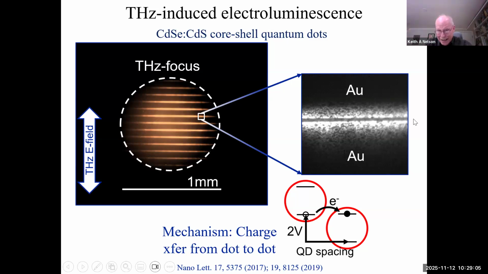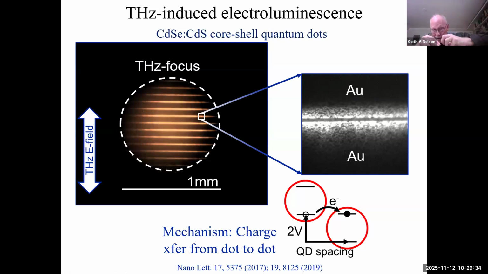There's a strong enhancement of the terahertz field strength. And what's happening is the terahertz field is coming in, and it's just inducing charge transfer from one quantum dot to a neighbor, and then there's radiative recombination. That's all it is. So it's basically a kind of electroluminescence, although it's very different from electroluminescence that's driven by an ordinary DC or quasi-DC field.